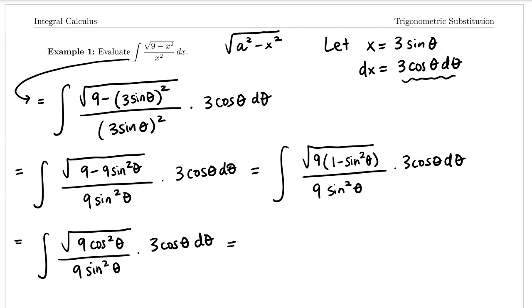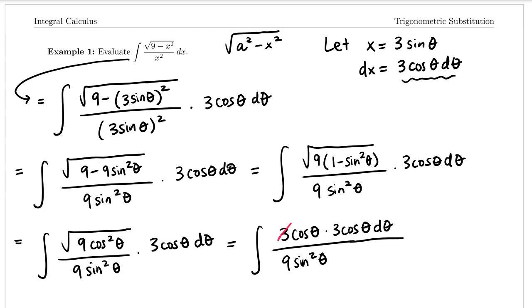And the square root, now I can go ahead and actually take the square root of that thing. That gives me 3 cosine theta. I still have my 9 sine squared theta in my denominator, and I have 3 cosine theta d theta still.